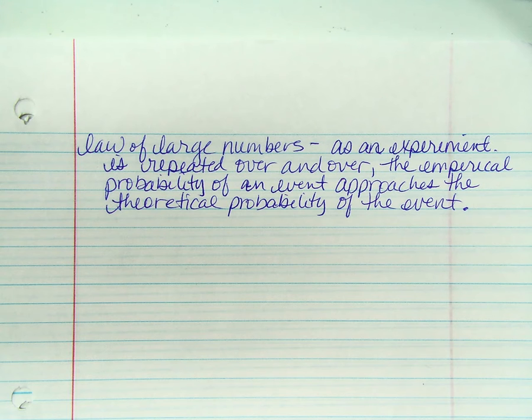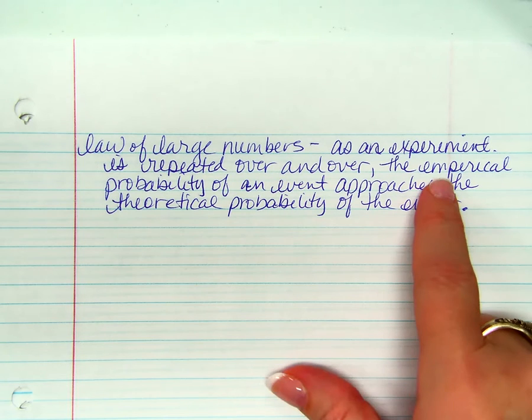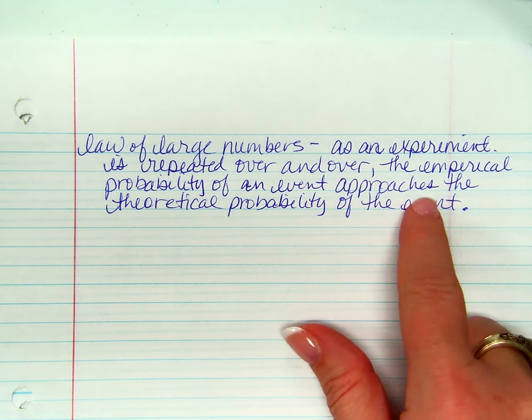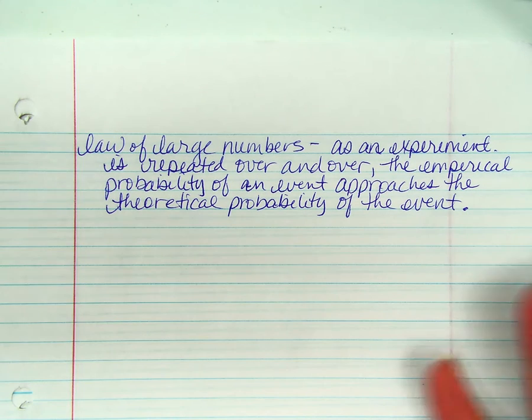If I roll a die and I get a 4 and I say, what is the experimental or empirical probability that I get a 4? My answer is 1, isn't it? Because I wanted to get a 4 and I did get a 4. But if I roll a 4 and I wanted to get a 3, what's my probability? 0. Because I didn't get it. That's the empirical probability, because I'm doing it.